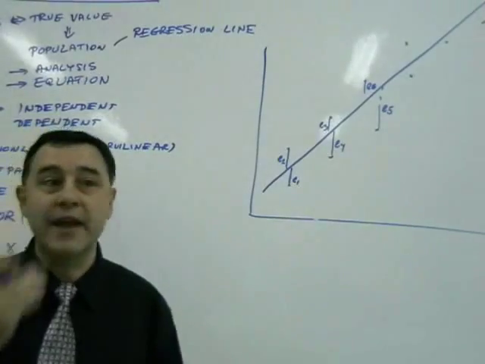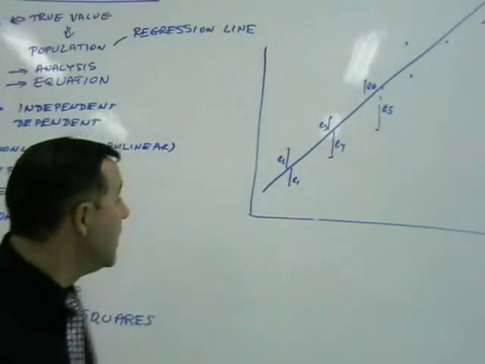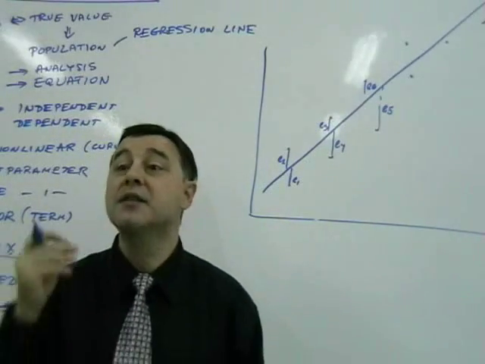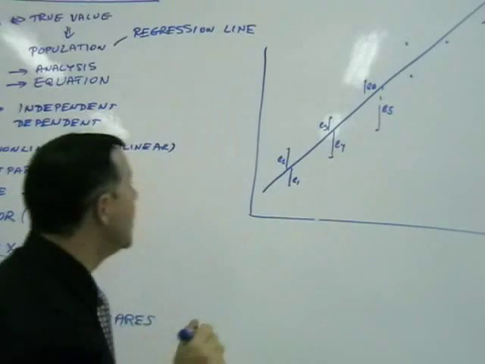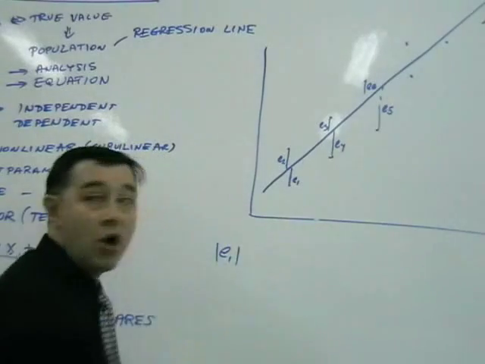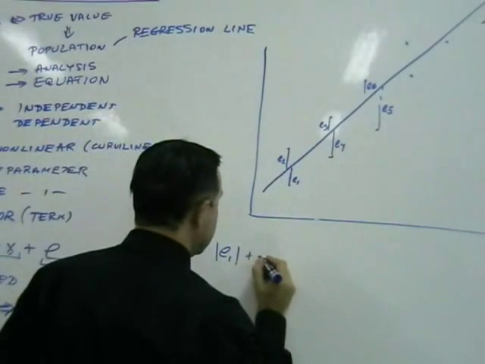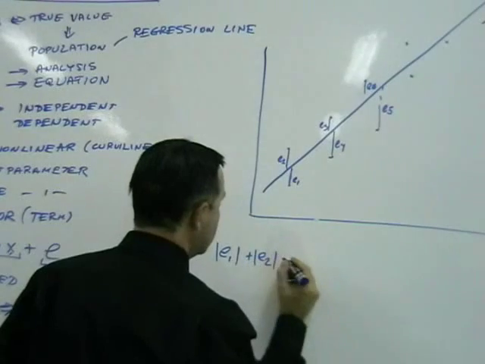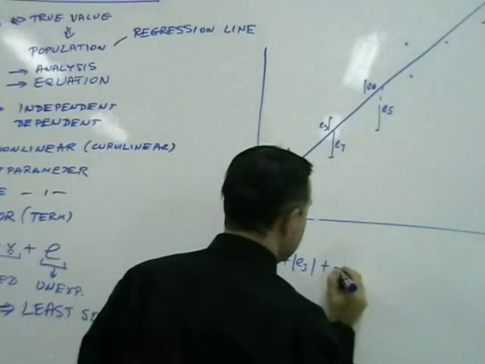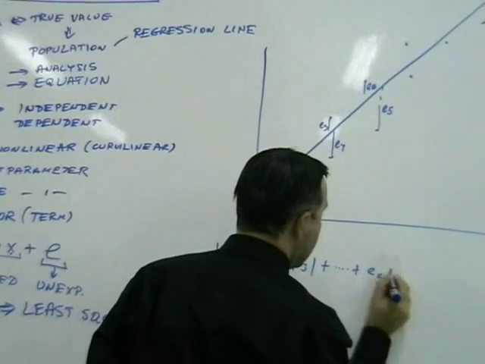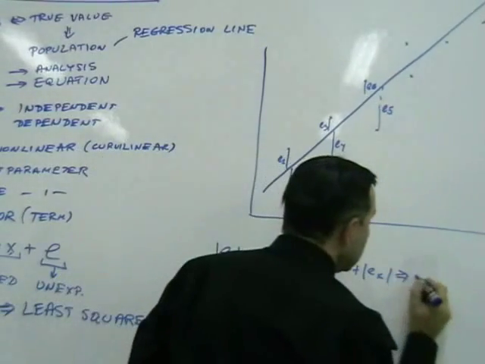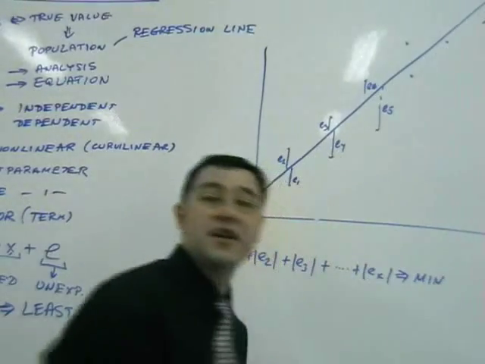So, one way that you can do the regression line is, of course, that these errors somehow, in some mathematical sense, must be at a minimum. So, in one sense you can say that the modulus of E1, plus the modulus of E2, plus the modulus of E3, plus dot dot dot plus the modulus of EK, and we will try to minimize this function.